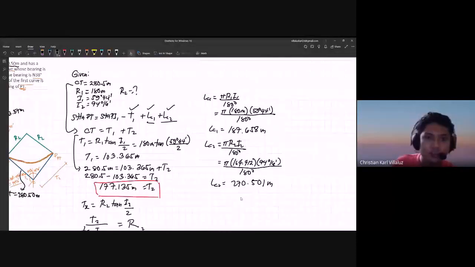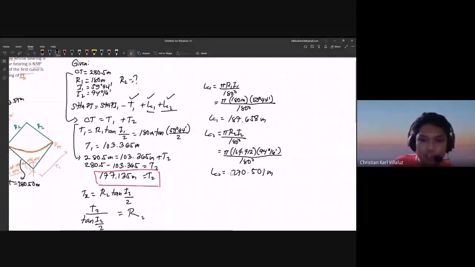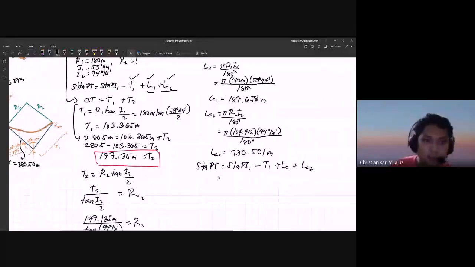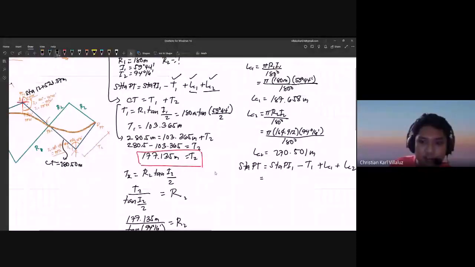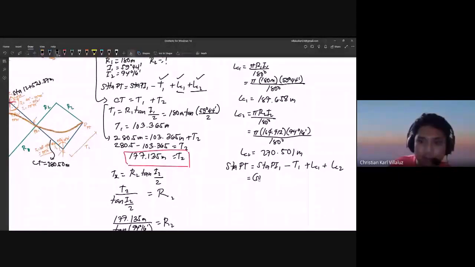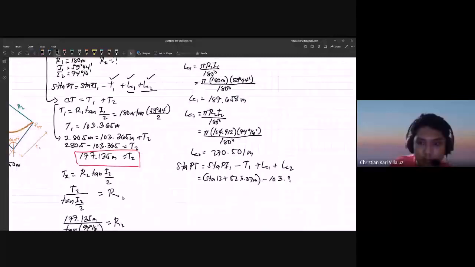Next, pwede nang i-compute yung stationing ng PT. So, rewrite ko lang. PI1 minus T1 plus LC1 plus LC2. Okay. Stationing 12 plus 523.37 minus T1, 103.365.